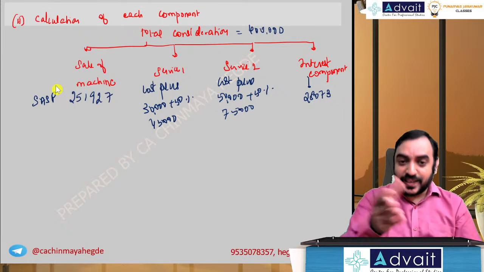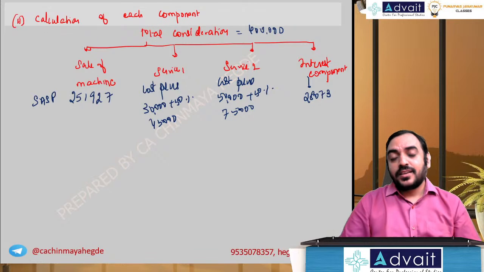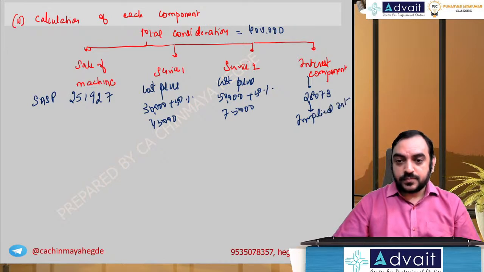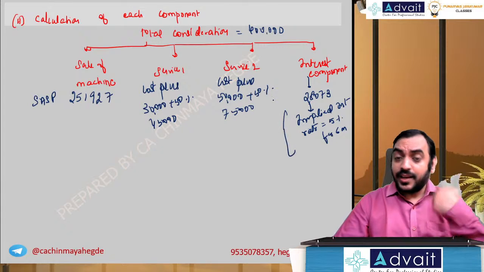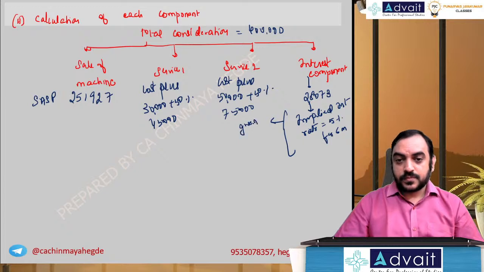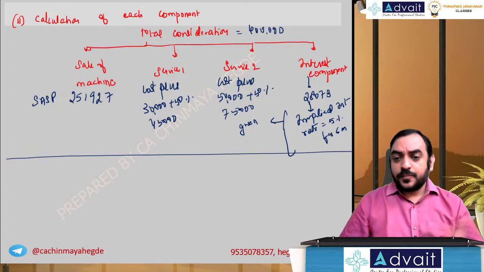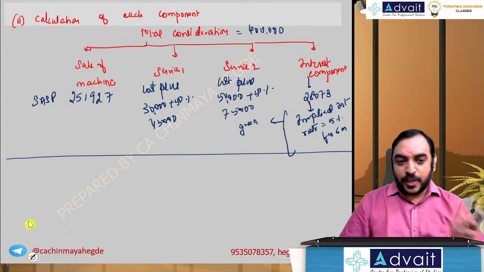When I know 5%, I will show you the calculation. Practically I have to calculate, but in this question I did not calculate; this is given. So let's calculate how those numbers come.